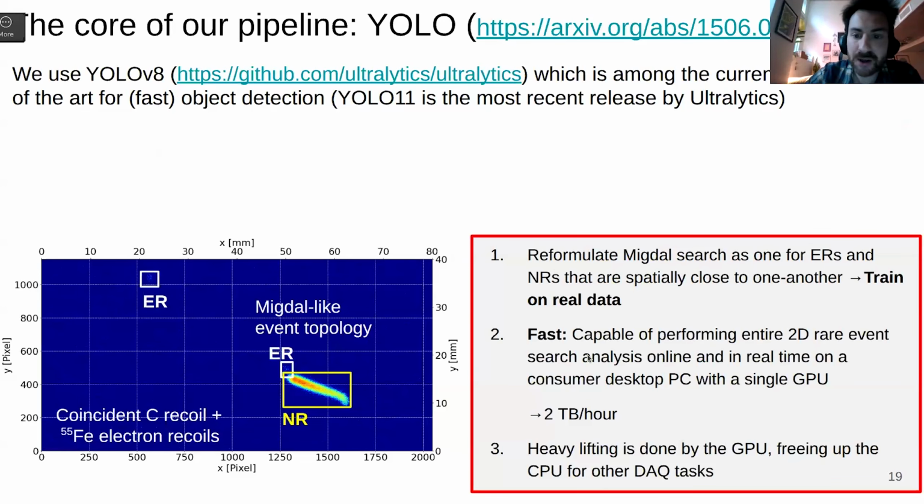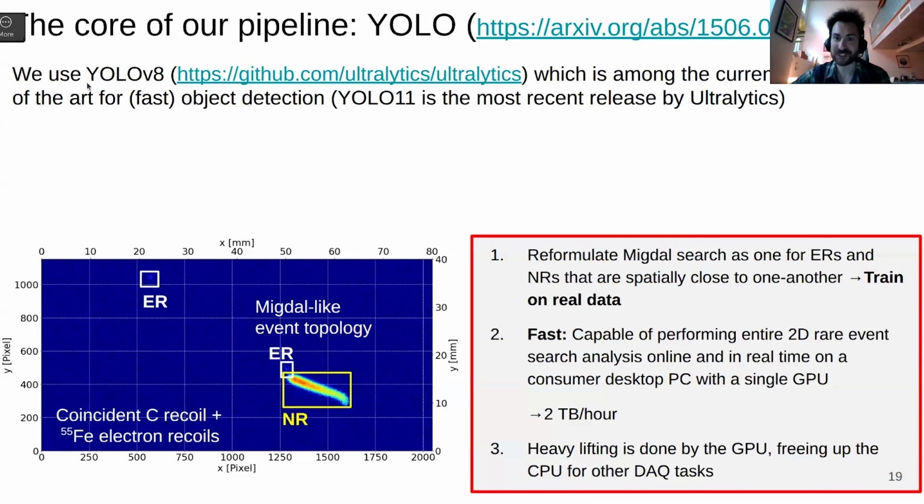So the actual algorithm that we use in our experiment is YOLO, which stands for You Only Look Once. This is a link to the original paper, which is over 10 years old now. But the YOLO family of models is very popular for object detection in a bunch of different fields. So not just particle physics, there's medical applications, there's agriculture, there's self-driving cars, you name it.